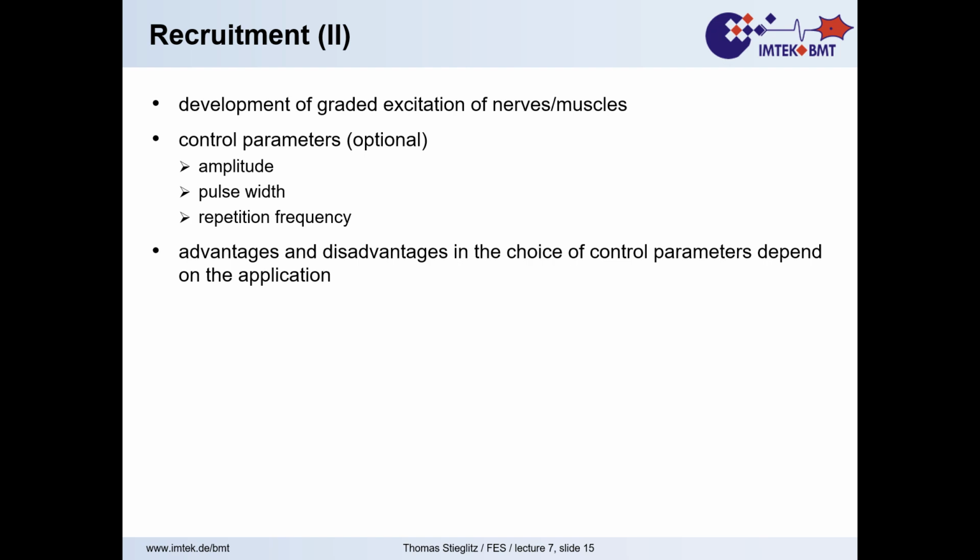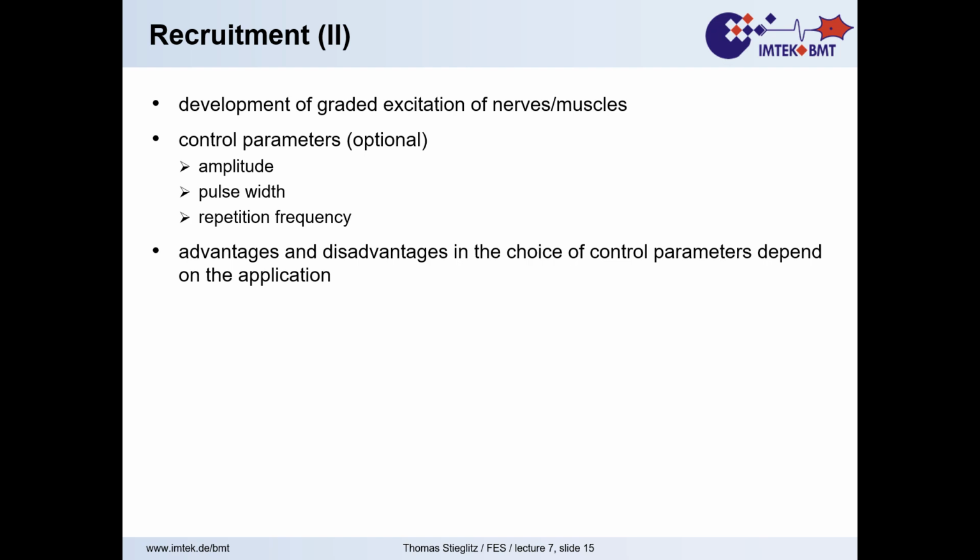And you know that amplitude and pulse width are somehow intercorrelated via the Chronaxie-Rheobase graph, and the repetition frequency gives us a kind of influence on the recruitment if there's a transition between nerve activity and muscle activity. If it's about hearing or vision or whatever that is based only on the nerve excitation, then repetition frequency is not that much of a parameter on which we can tweak.